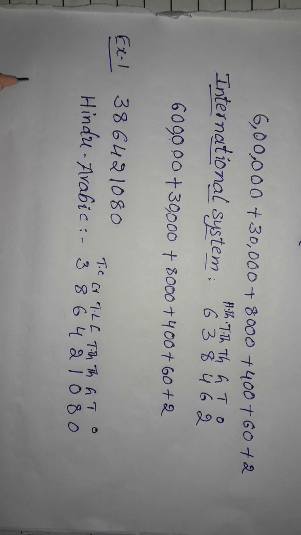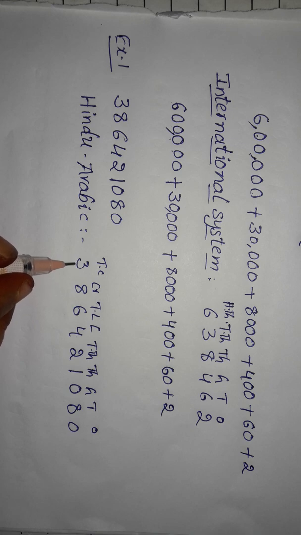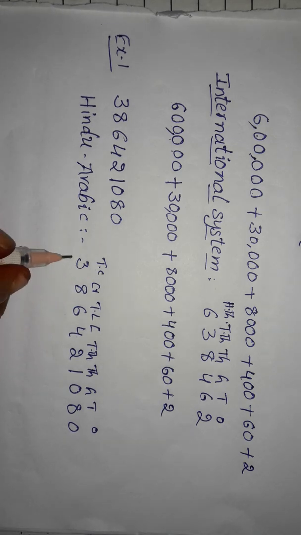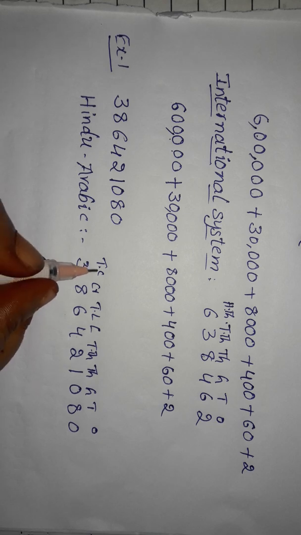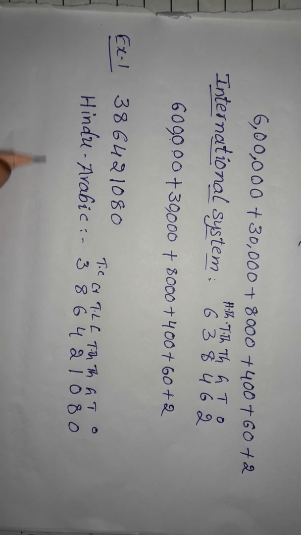Now we will write in expanded form. First digit 3. In which place is 3? 10 crores place. So 3 tens are 30. 30 crores. Children, some children are confused about how to write the zeros here. How many zeros shall we write here? Let's see, I will tell an easy method.